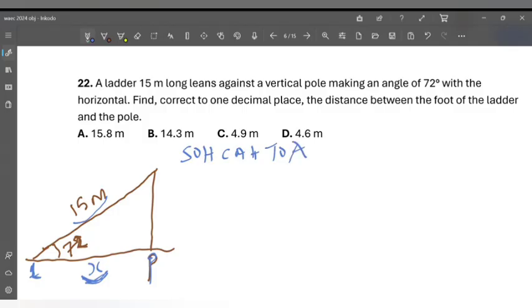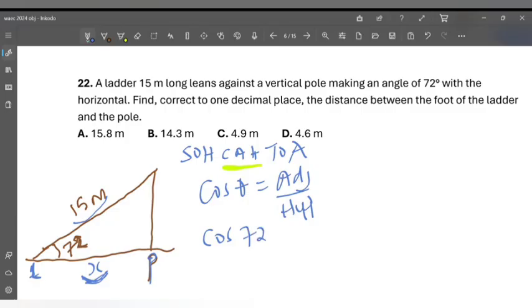It is obviously the CAH, so we are going to be using cos theta. We know that cos theta is equal to adjacent over hypotenuse. In this case, theta is 72 degrees, so cos 72 is equal to adjacent, which is our x, over the hypotenuse, which is 15. So x is equal to 15 times cos 72.